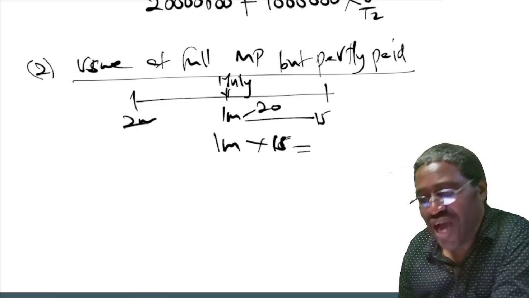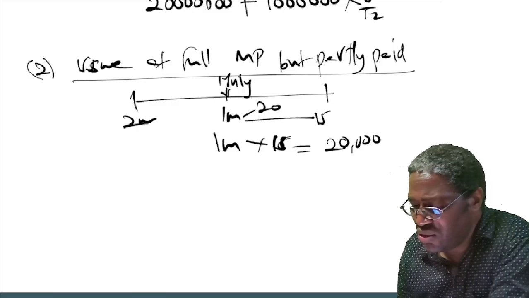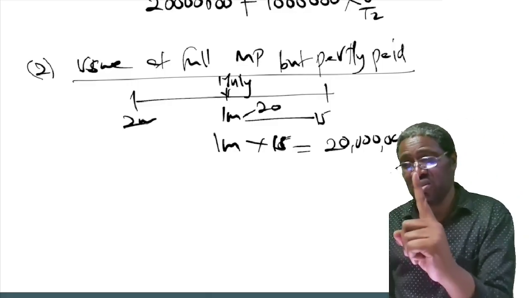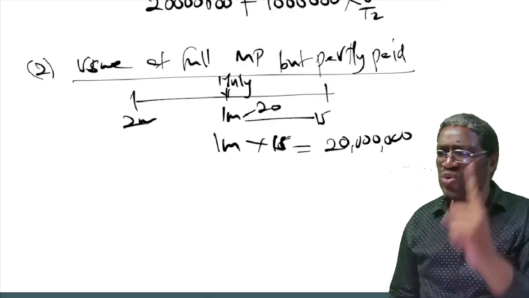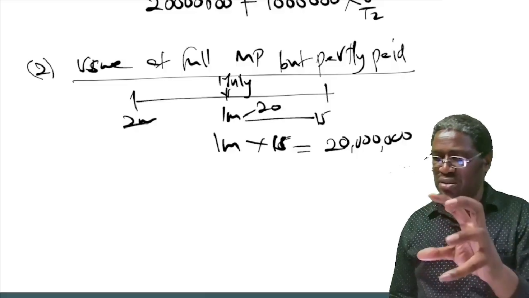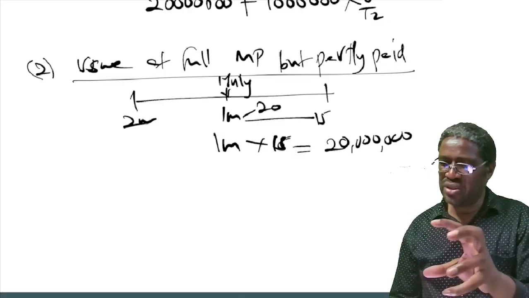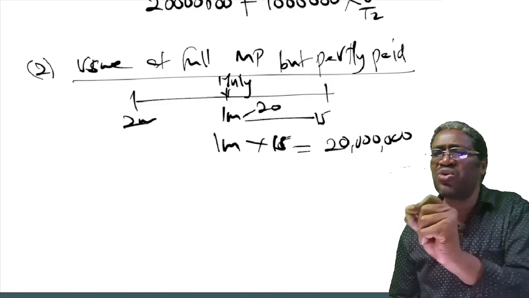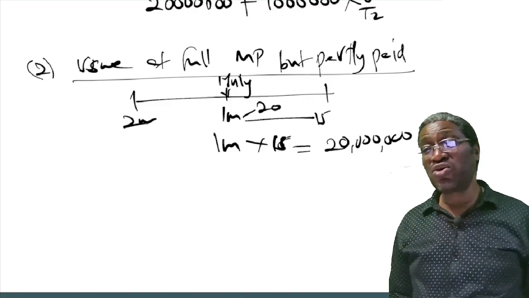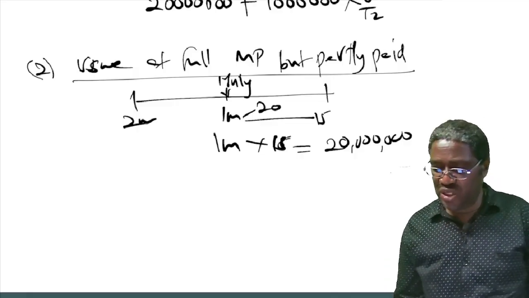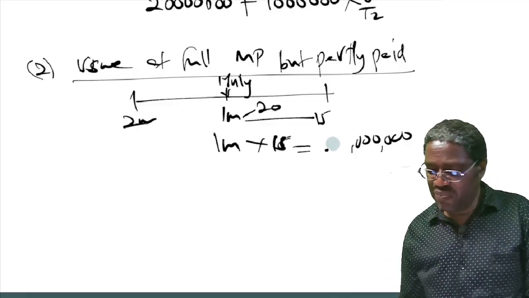So it means I received only 15 million shillings. If these guys were to use their money to go to the stock market and buy shares, they cannot be allowed to buy shares by paying slowly. If they go to the stock market with the 15 the shareholders have paid me, sorry, they have paid me 15.